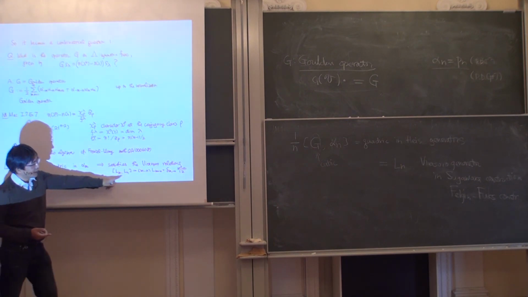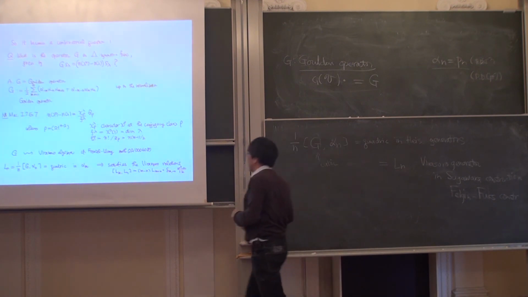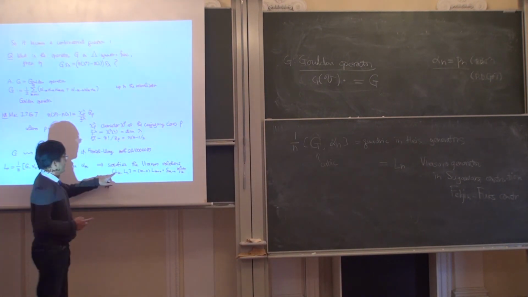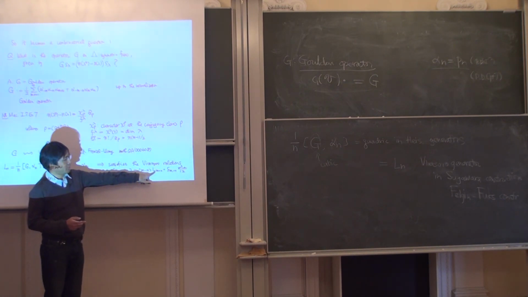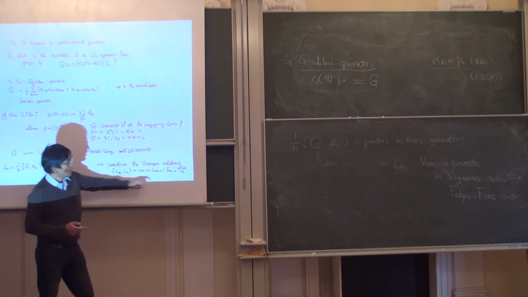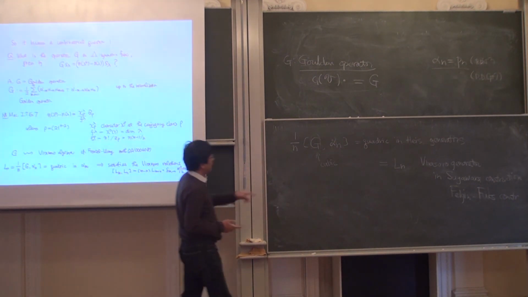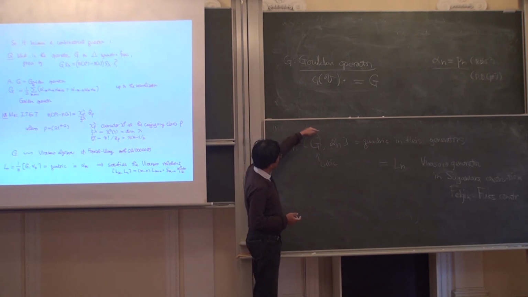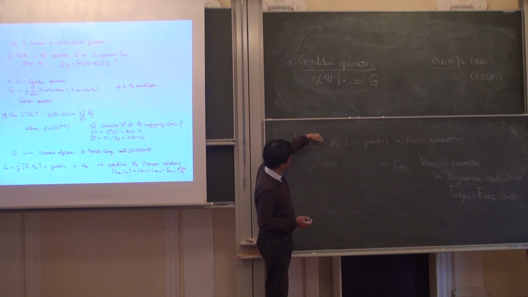You just take this cubic expression, depending on n, which satisfies the Virasoro relation [L_m, L_n] = (m-n) L_{m+n} plus the central extension term. So in this way, you get the Virasoro algebra. Or maybe you may say that G is a more fundamental object, because all Virasoro generators can be derived from one single expression.